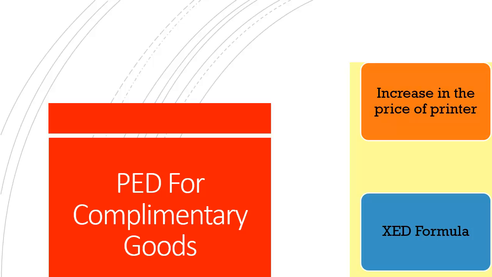Again, considering the XED formula, an increase in the price of the printer is a positive change in the price of the printer, divided by a fall in the demand for ink, which means a negative change in the demand. At the end, the XED equals positive over negative. This is going to be negative. So the summary for this is that yes, the XED for the complementary good will always be negative, right?